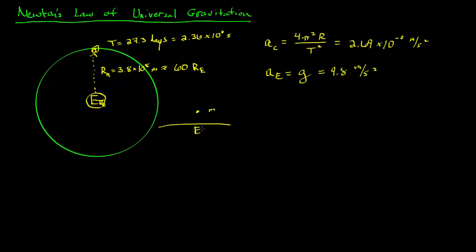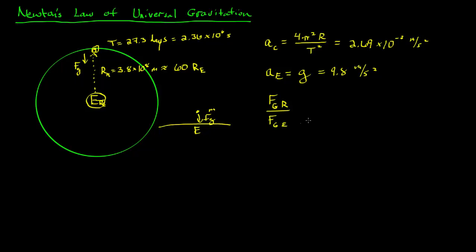Now we can look at the relationships of the force, because we know this is a force of gravity here, and this is also a force of gravity. So what we want to look at is the force of gravity way out here at big R, over the force of gravity over here at the radius of the Earth.